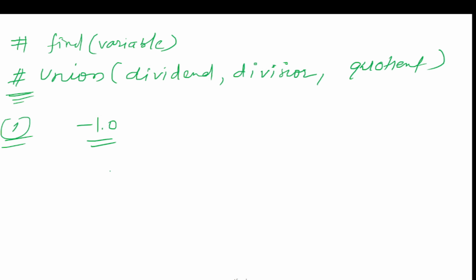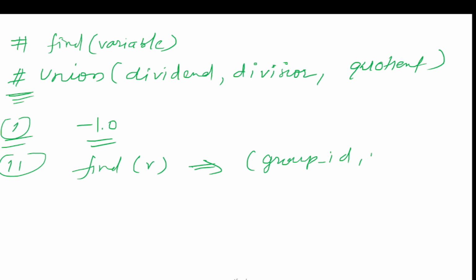Then another case will be if both variables are valid, then we will apply find variable to obtain the tuple of group id and weight, right? We will apply find variable, and then we will get a tuple of group_id and weight. I'm talking about this, okay.